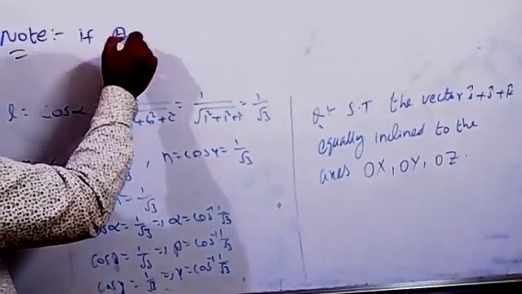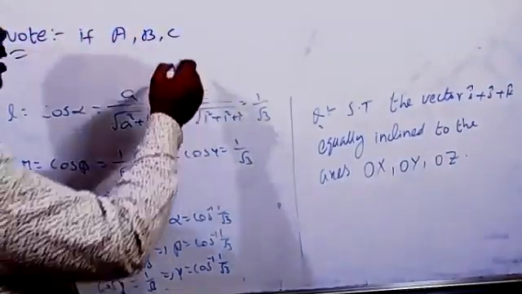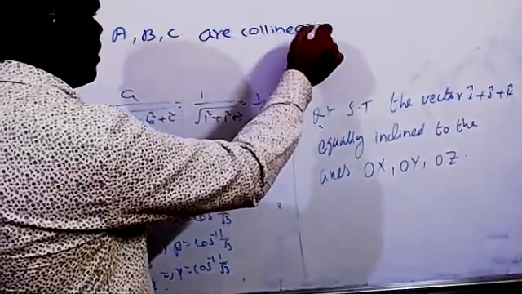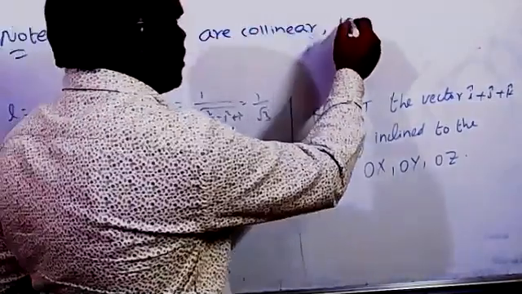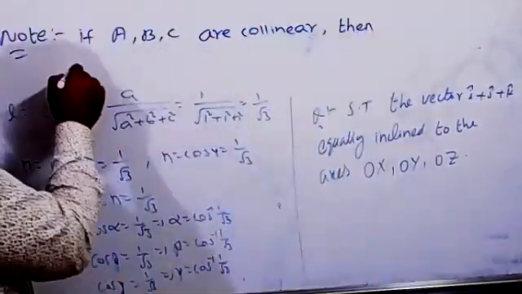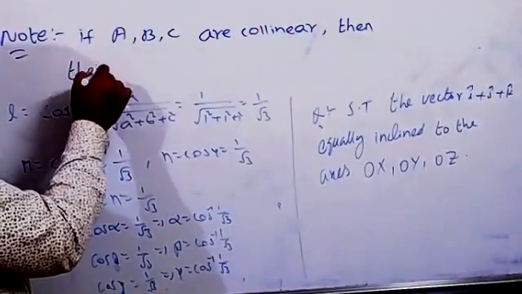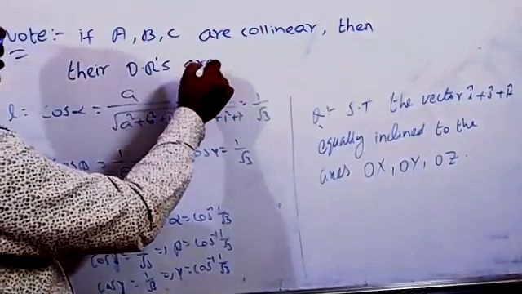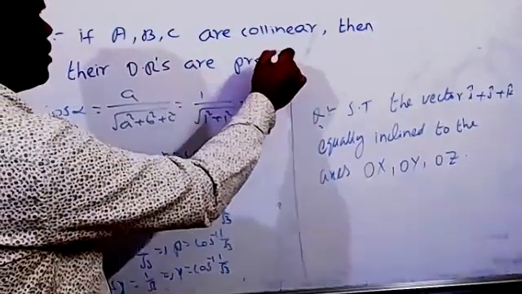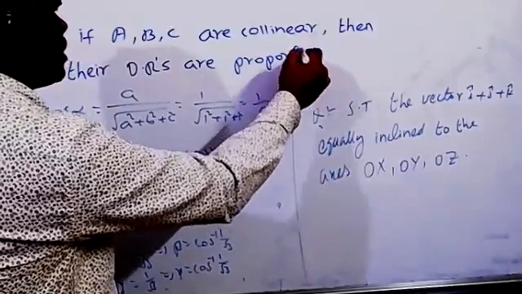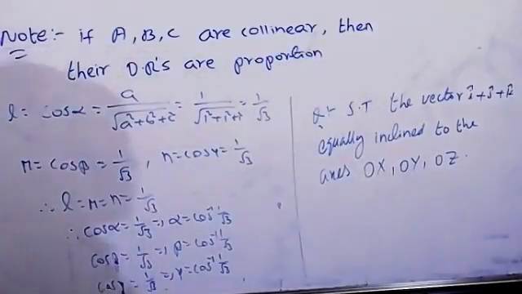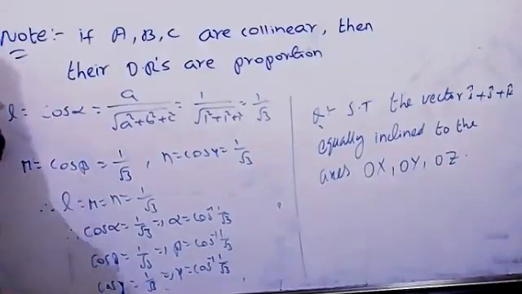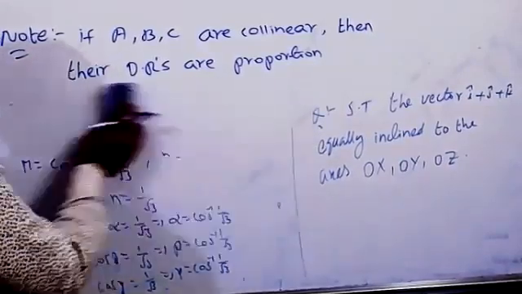If the points A, B, C are collinear, then their direction ratios are proportional. What is the meaning of proportional? It will be the same ratios. Remember this. So you can take one small example here.